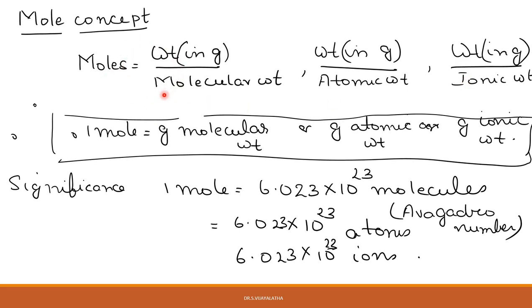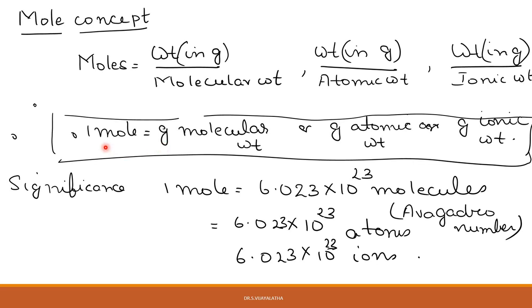From this formula, we can find out that if we need 1 mole, the numerator and denominator should be the same. That means the weight should be the molecular weight expressed in grams. So if we are writing the molecular weight in grams, that will be 1 mole of a particular compound. This formula will be useful to us when we are doing the calculations for molarity and molality because it is simpler to do it with this formula.